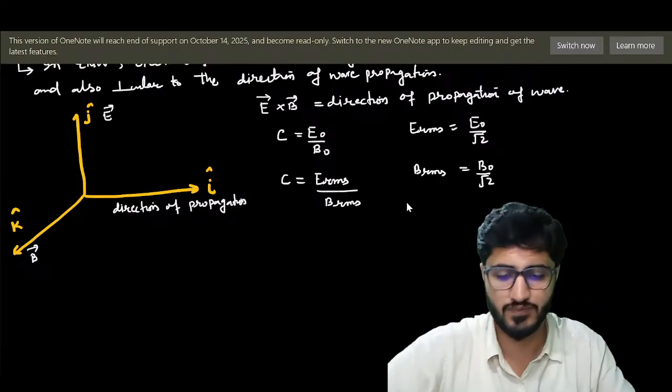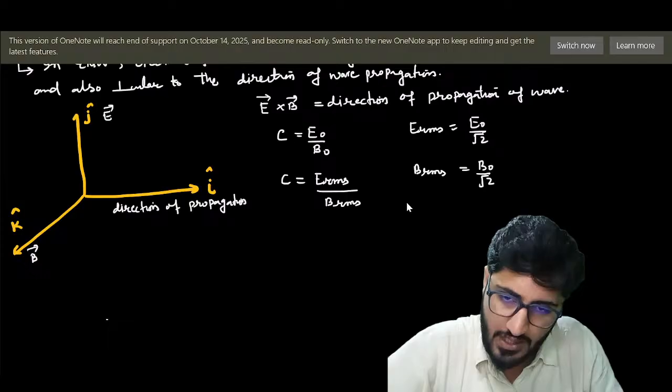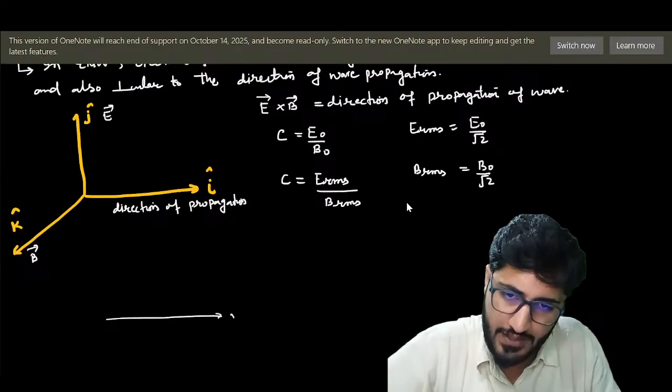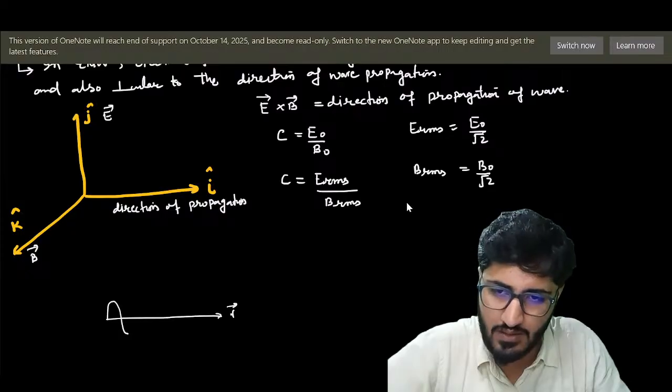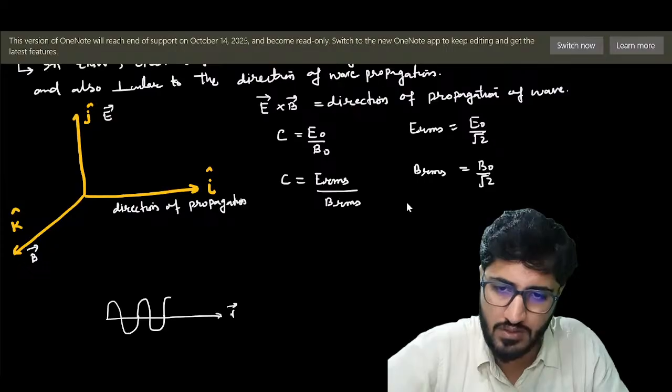One more thing. You can see now, if this is my propagation of light or wave, this wave is the electric field vector.